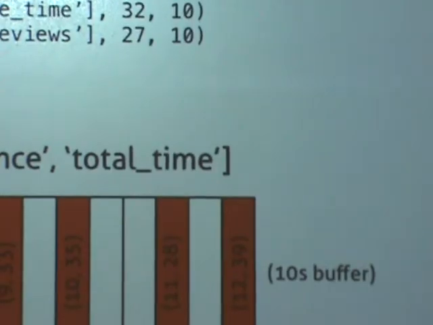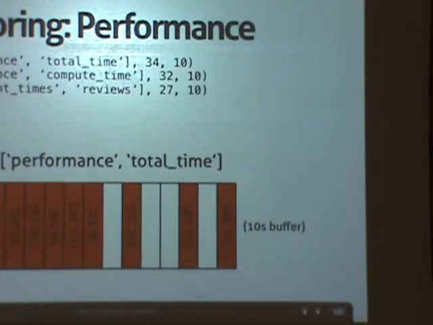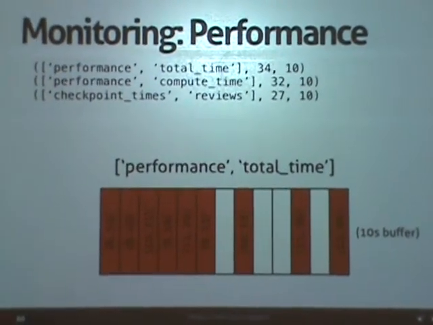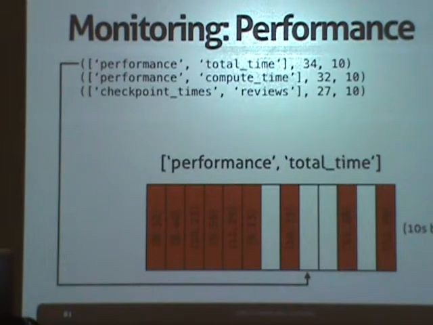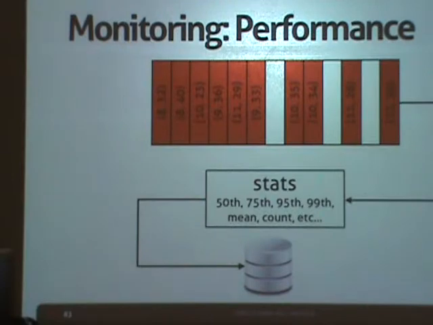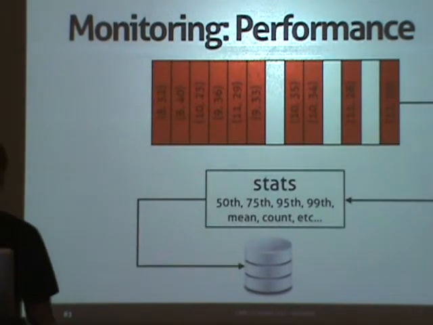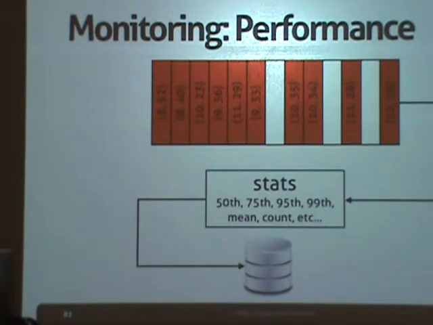These are user scripts that basically any developer can plug in and start emitting statistics for. That gets sent to a statistics aggregator, which keeps an n-second buffer. In this case, I just did 10 seconds. It maintains stats for the last n seconds. We insert statistics into it, and once in a while it computes percentiles, means, counts, 95ths, things like that, which make it easy to figure out the average performance of the website.